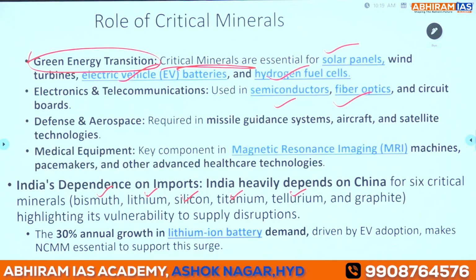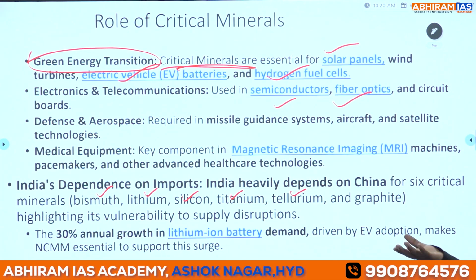Bismuth, lithium, silicon, titanium, tellurium and graphite. India is heavily dependent on China for these, highlighting its vulnerability to supply disruption. Also, 30% annual growth in lithium-ion battery demand driven by EV adoption makes the national critical mineral mission essential.